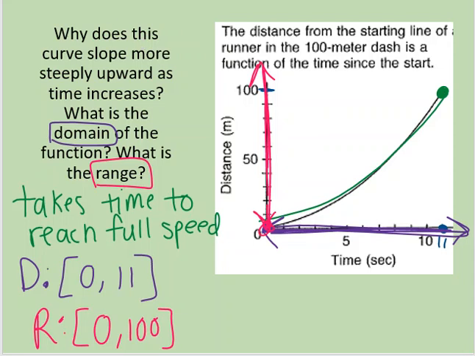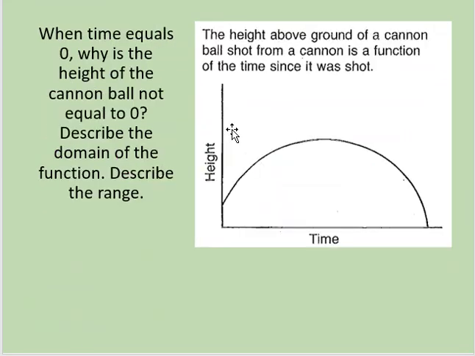Okay, let's look at the next one. For this example, it says the height above ground of a cannonball shot from a cannon is a function of the time since it was shot. So we're shooting a cannonball from the cannon for however long. We don't know how long, and we don't know how high it's going. But it is a function, and then it does crash to the ground here. So we want to know, when time equals 0, so around here somewhere, why is the height of the cannonball not equal to 0?